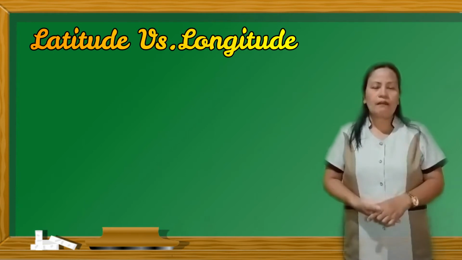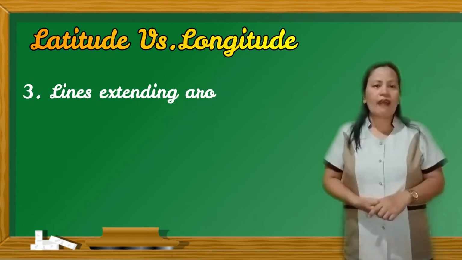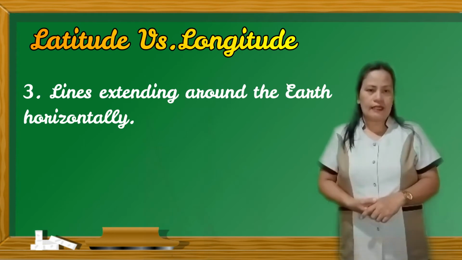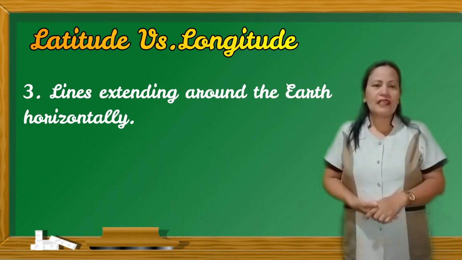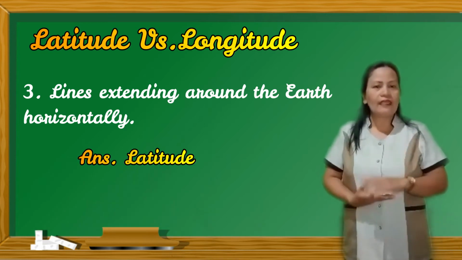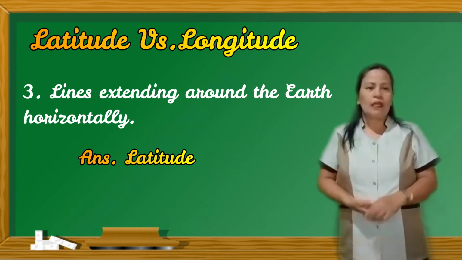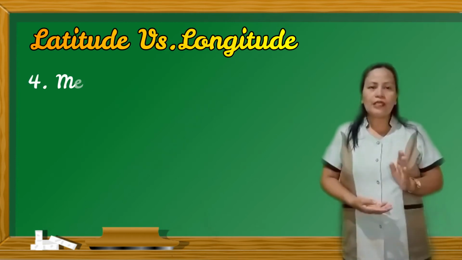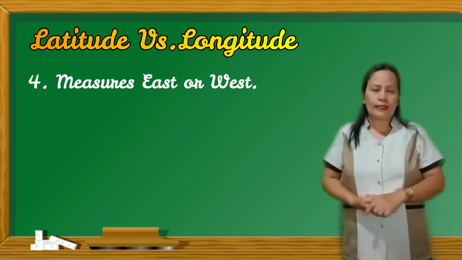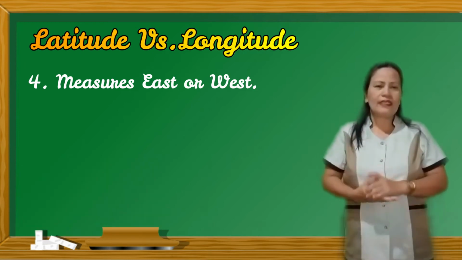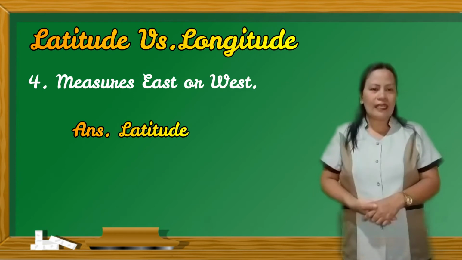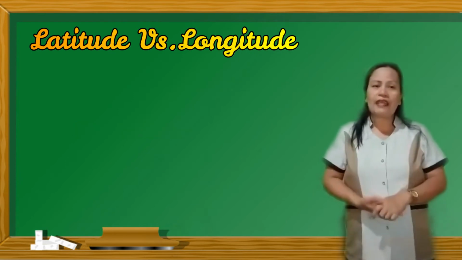Number 3. Lines extending around the Earth horizontally. If your answer is latitude, then you are correct. Number 4. Measures east or west. Correct. The answer is latitude. Number 5.